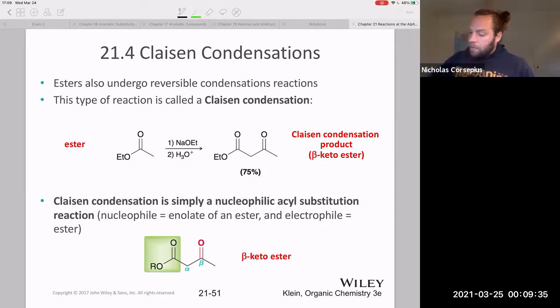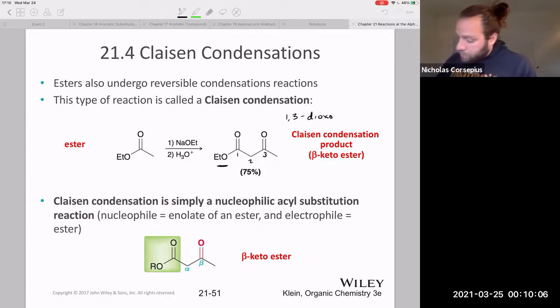Notice here we have 1, 2, 3. These are one of our 1,3-dioxo compounds, and then we still have that ester group there. So now instead of having a carbonyl group and an alcohol that are 3 carbons apart, we have 2 carbonyl groups that are 3 carbons apart.